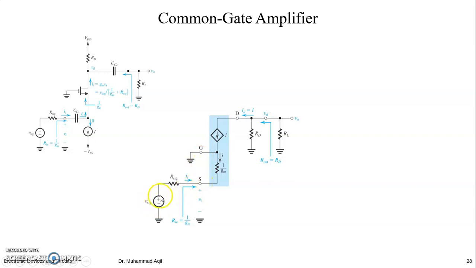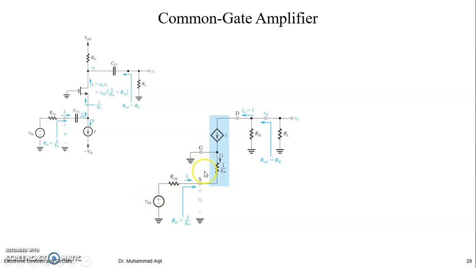Here you can see V signal is appearing, and you can see these resistances in series, right? This one and this one. So it means part of this will be appearing here and part of this will be appearing here. The part which is appearing here can be found by the voltage divider: 1 by Gm divided by 1 by Gm plus R signal, multiplied by V signal, right? And this is equal to what?